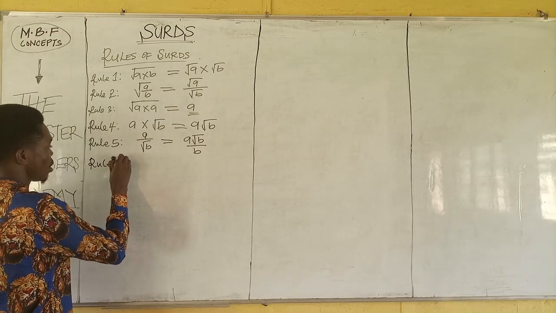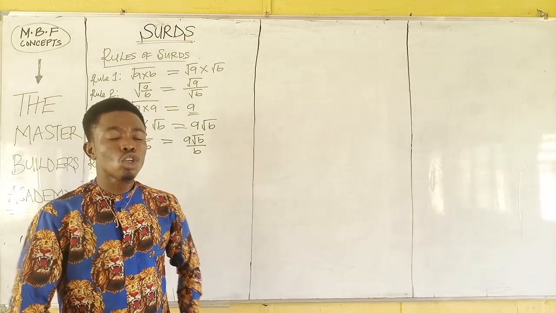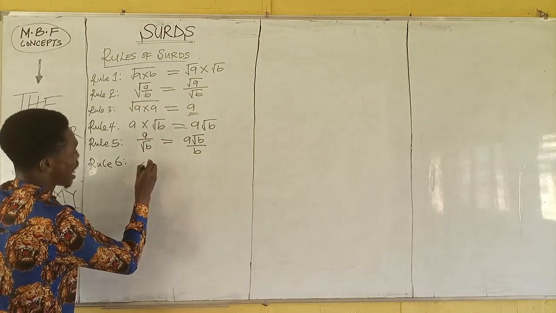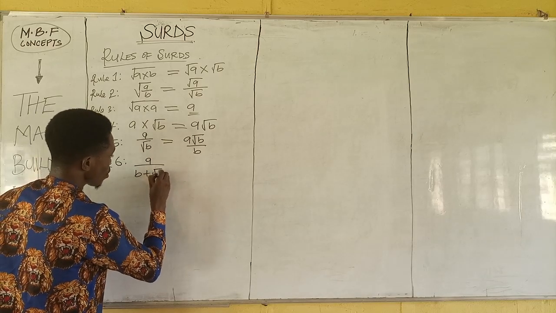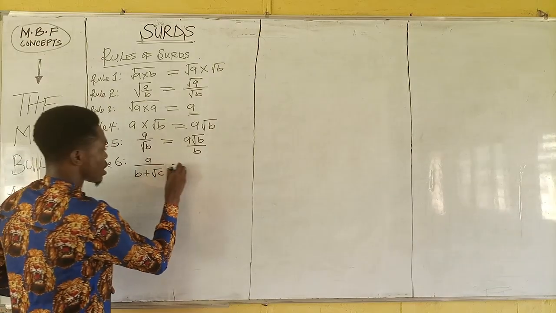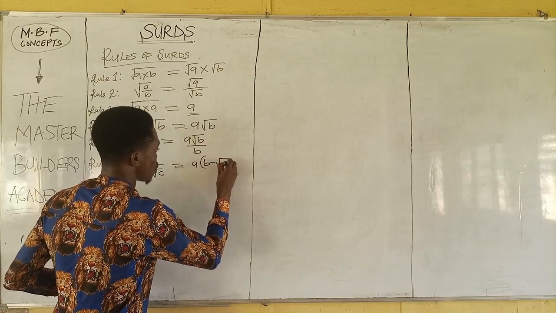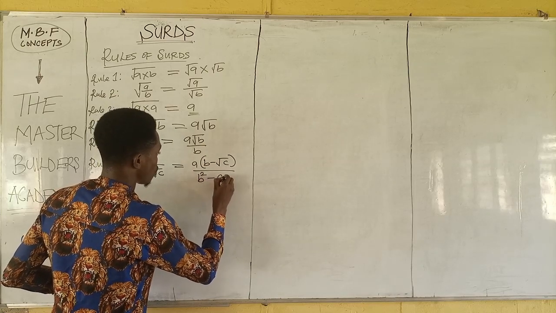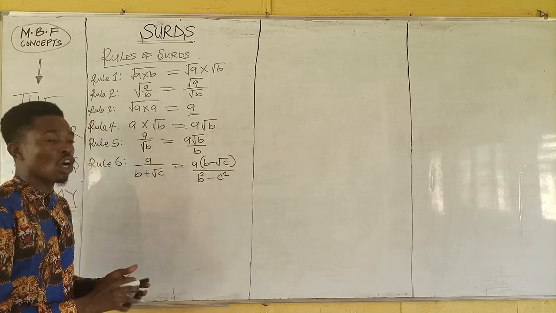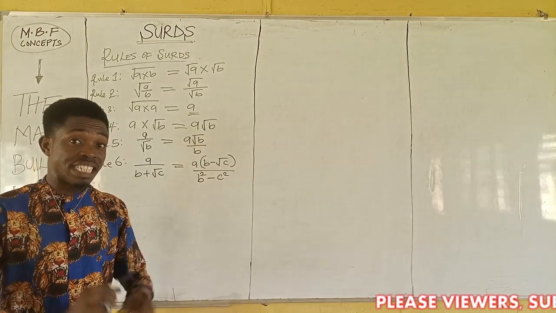Now, next is rule number 6. Now, guys, what could also be the rule number 6? Rule number 6, if I have A over B plus root C. This is exactly the same thing as A into B minus root C all over B squared minus C squared. This will also be explained when we start solving problems effectively. These are rules.